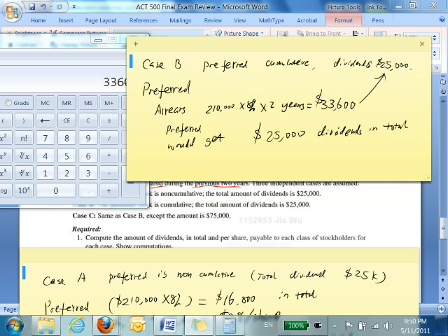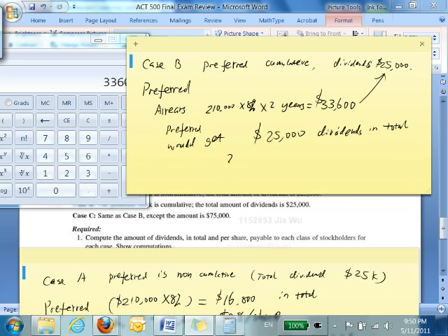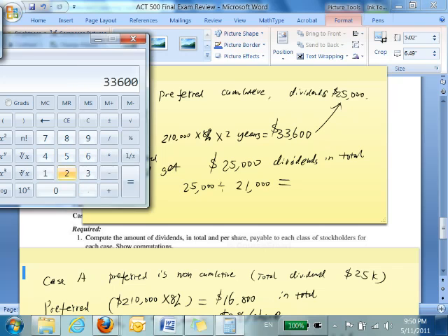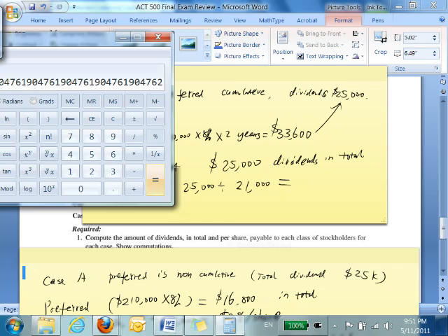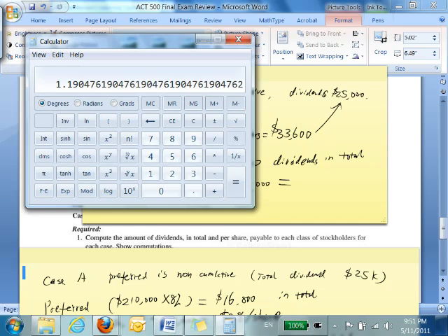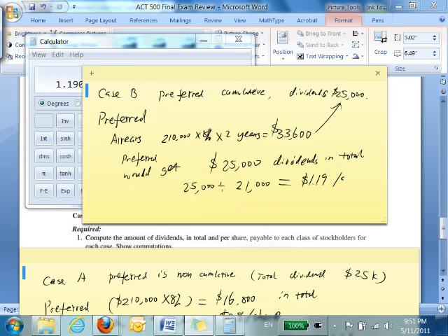And per share is 25,000 divided by 21,000 shares, right? That's $1.19 per share.